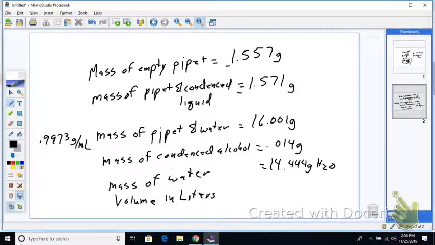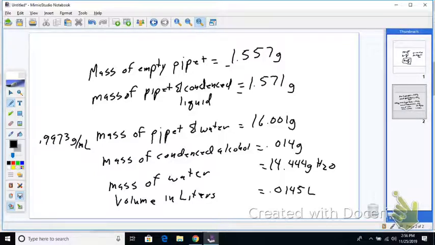Get it? Yep, I want it in liters. So it should be 0.0145. Okay.